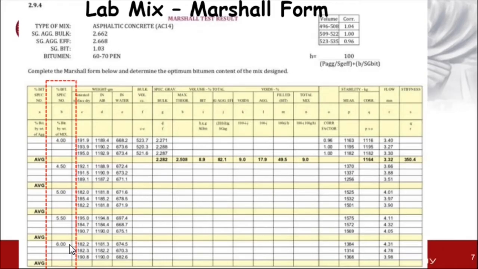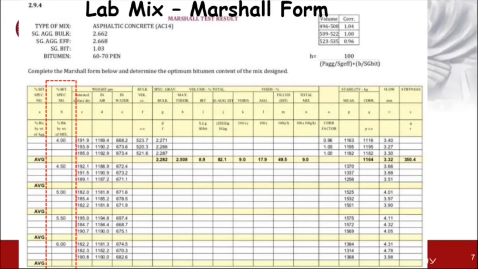After we have selected the value of the trial bitumen content, then we need to prepare the sample of loose mix. The way we calculate the portion of aggregate and bitumen is, for example, we have 4% bitumen, meaning that the rest out of 100% is 96% aggregate content. So how to calculate the total weight of each sample?